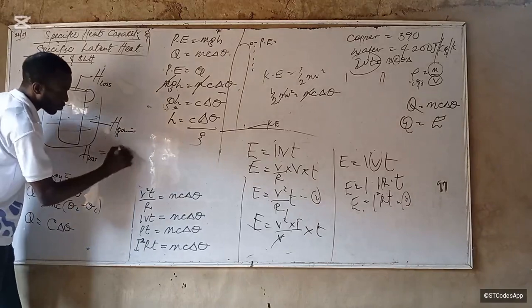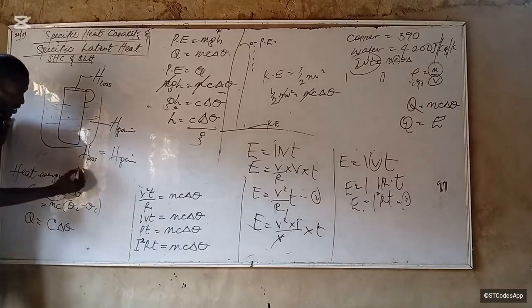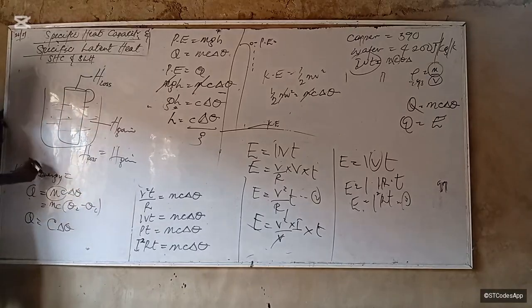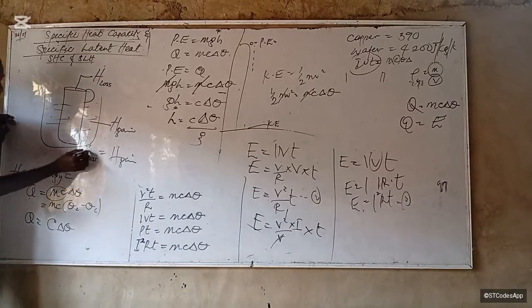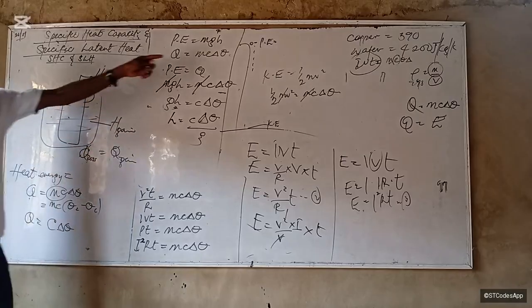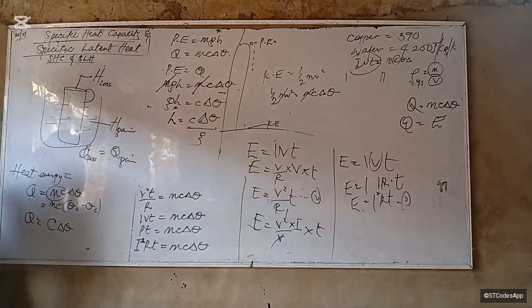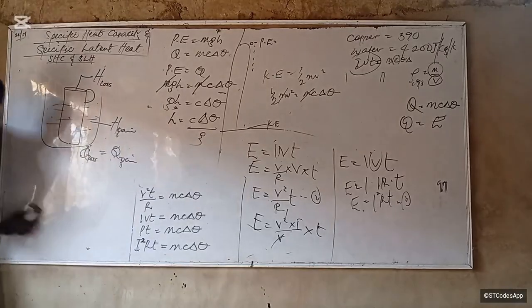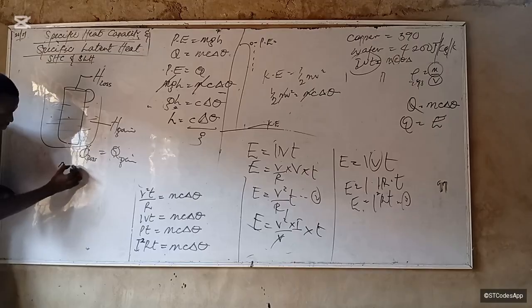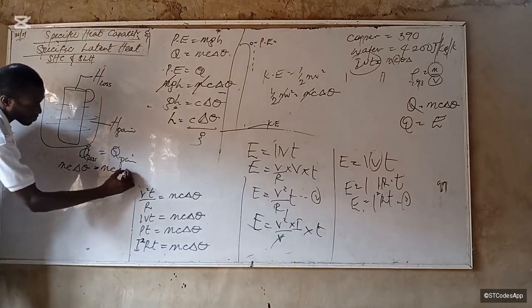So heat loss will be equal to what? Heat gain. So we use Q. Q will be mc delta theta. So here we have mc delta theta here will be equal to mc delta theta here.